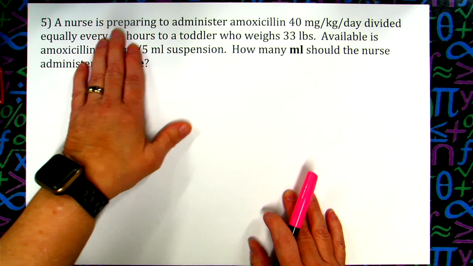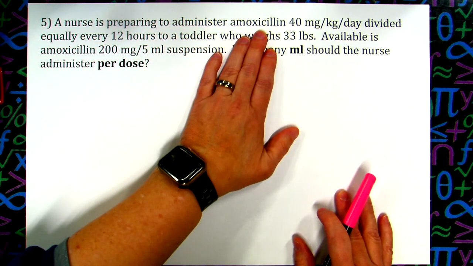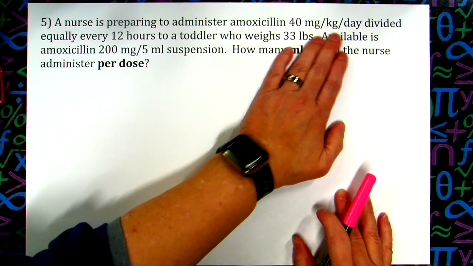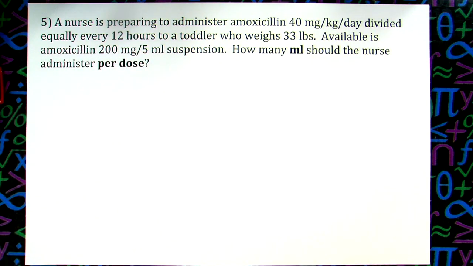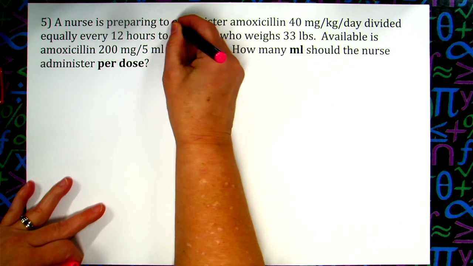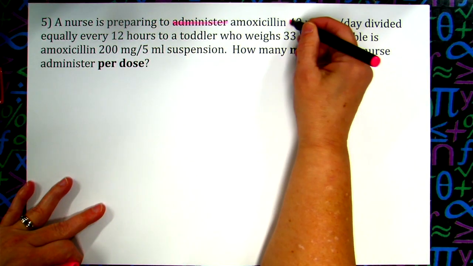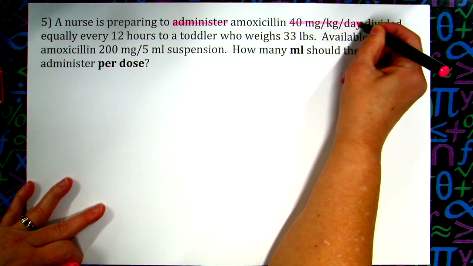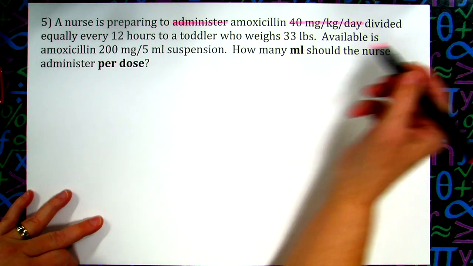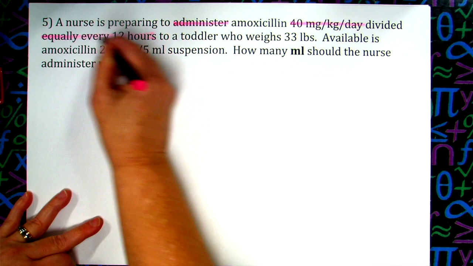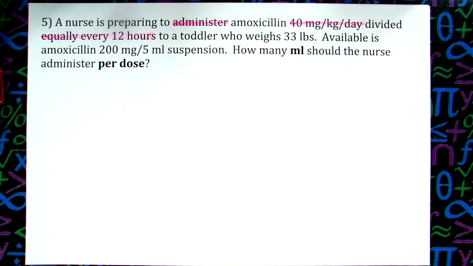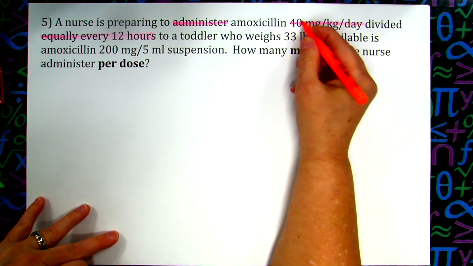All right, so we've got a nurse that's preparing to administer amoxicillin, 40 milligrams per kilogram per day, divided equally over 12 hours. Okay, so what is being administered here is the 40 milligrams per kilogram per day, divided equally every 12 hours. Another piece of important information, it says to a toddler who weighs 33 pounds.